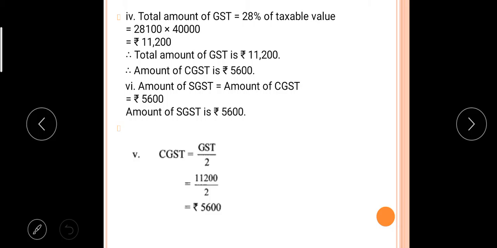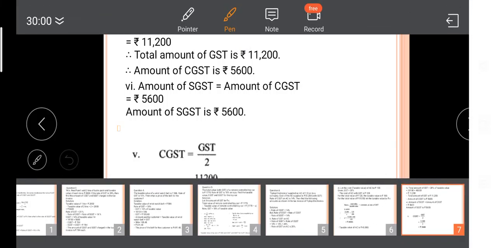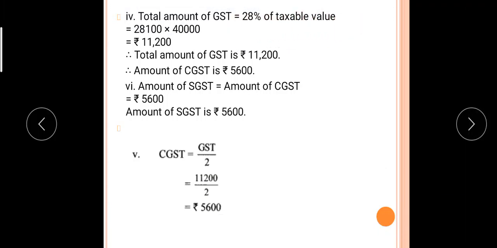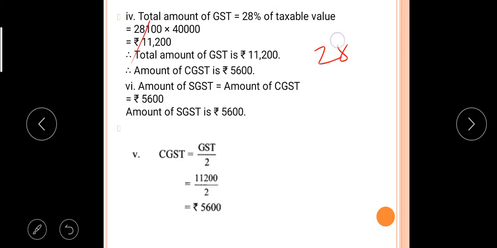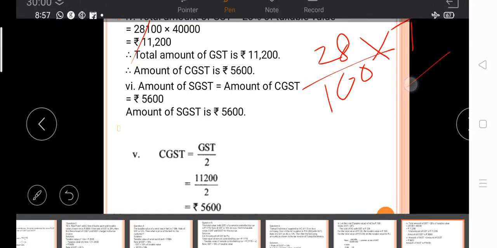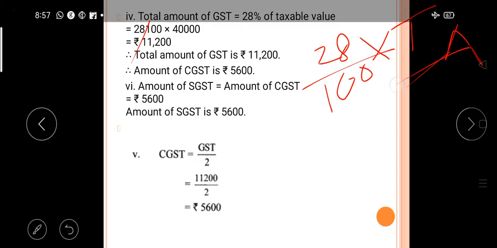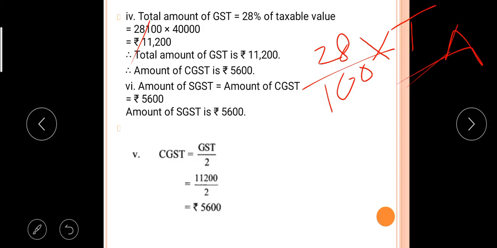Now next question from this, the sixth question, that is a sub question. Now see, the rate of GST is 28%. Taxable value, how to calculate? Again here, division. 28% means 28 divided by 100 multiplied by amount. Okay, this is the amount, and therefore the total amount of GST is 11,200.